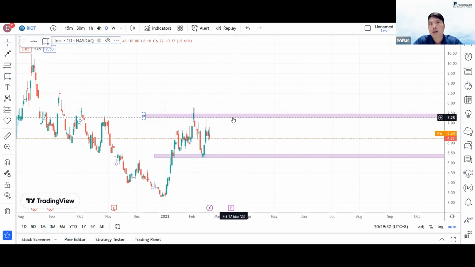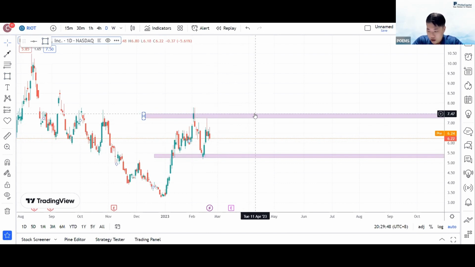If it's lower and price still hovers above the 5 to 5.5 level, then chances are it may go up slightly, but just take note of this particular resistance level here.